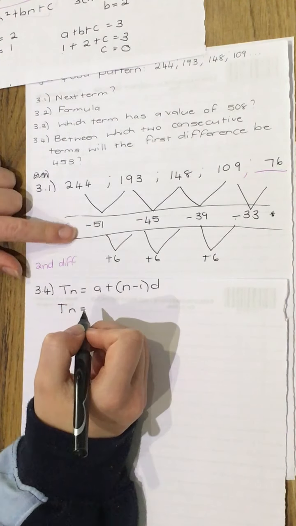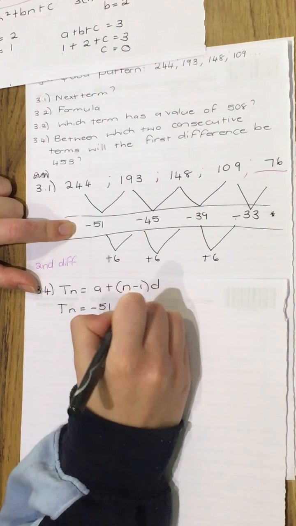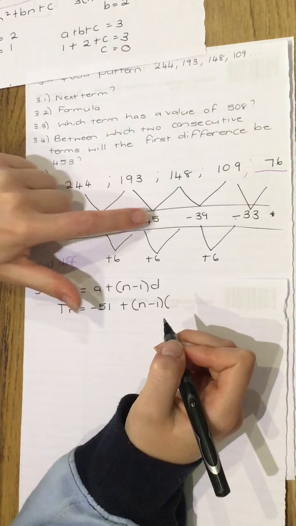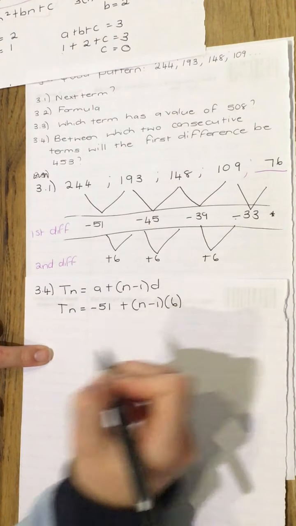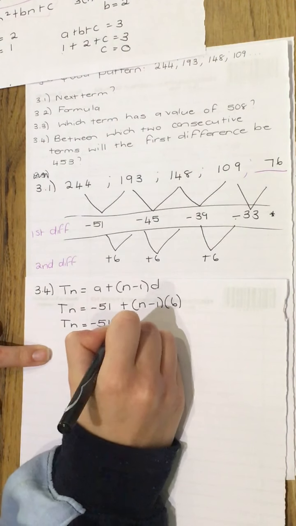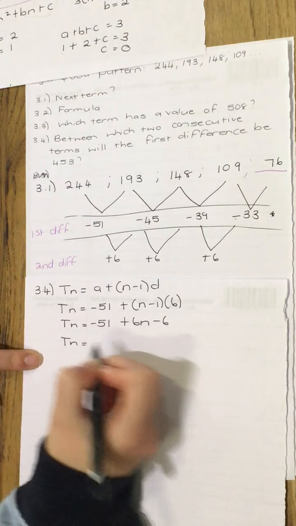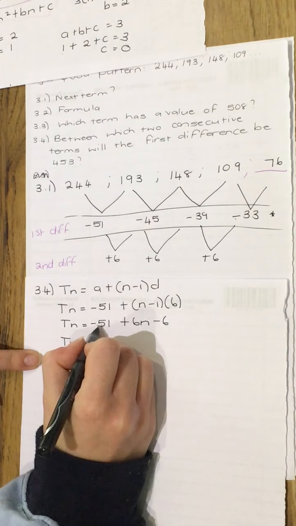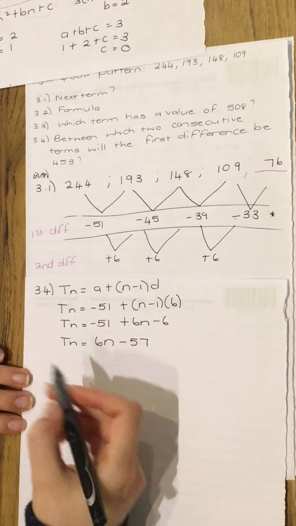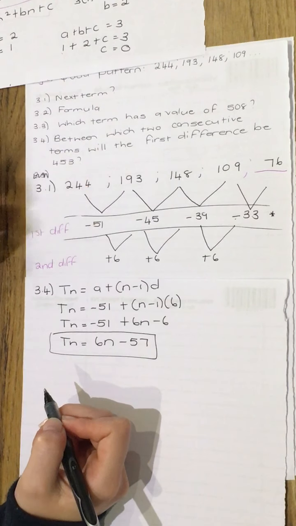The first term of this pattern is minus 51, plus (n minus 1), and your difference is plus 6. You're plussing 6 every single time. If I multiply this out, I get plus 6n minus 6. Grouping everything together, it's 6n, minus 51 minus 6 is minus 57. So this is a formula for this line.